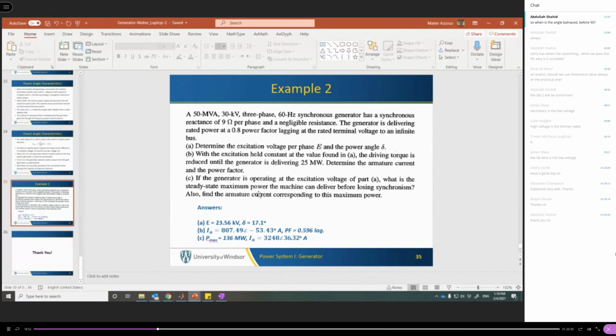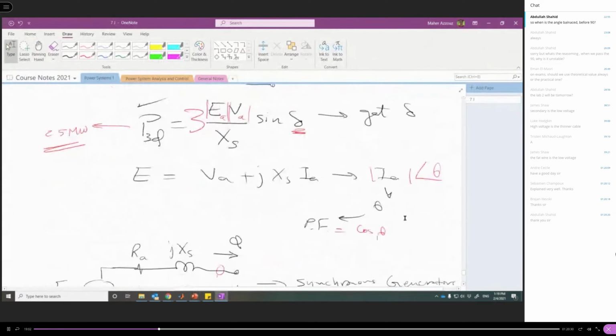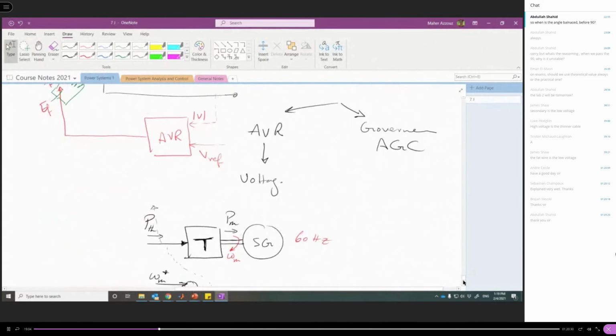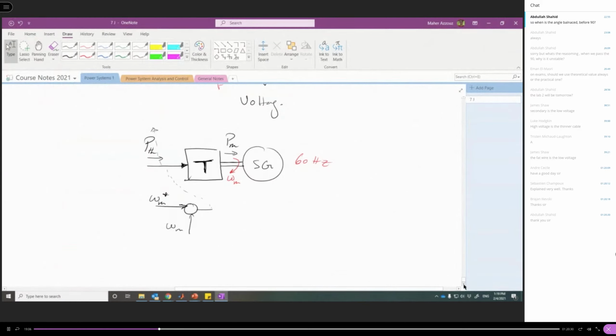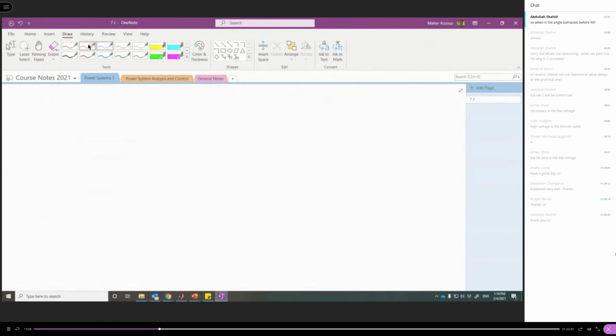What is the steady state maximum power the machine can deliver before losing synchronism? What is the meaning of that? So this is part C.